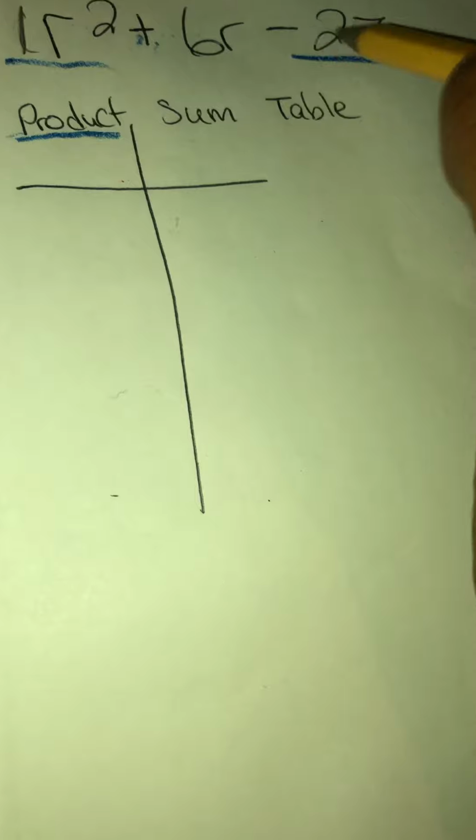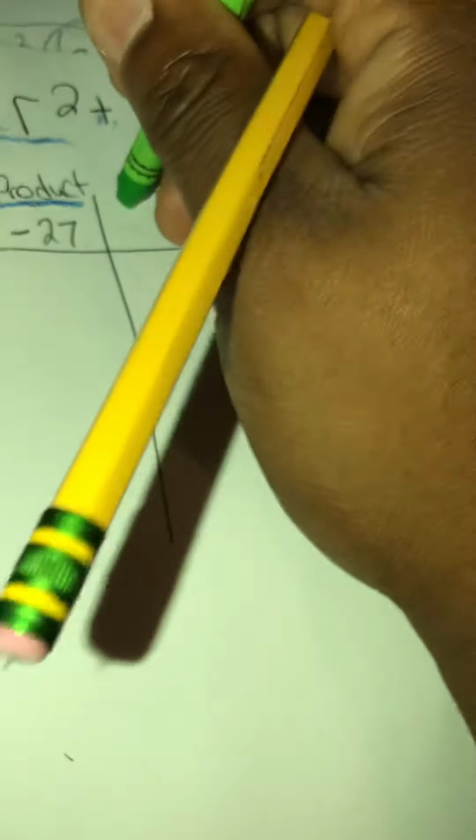So again, I'm looking for the product of what is blue, the first and the third term that was underlined, because we have to multiply those numbers. So 1 times negative 27 is negative 27. And then I'm trying to find the sum of the middle number, which is 6.